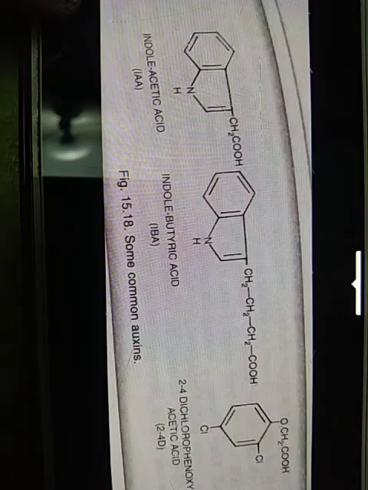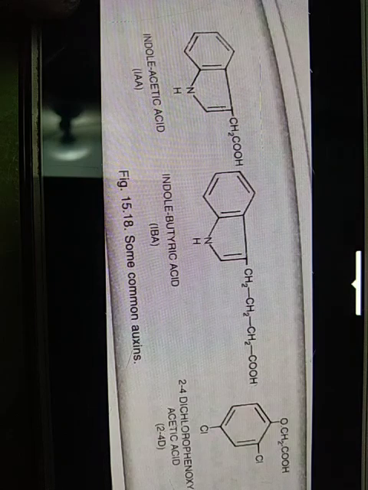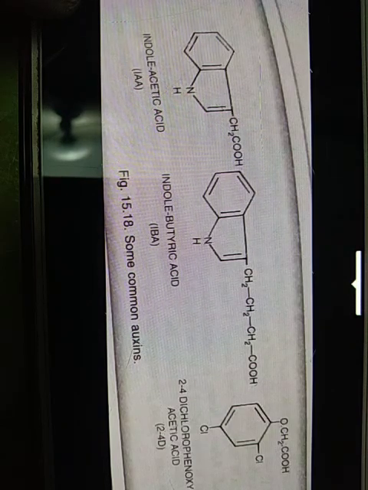The raw material used in the synthesis of auxin is called the auxin precursor. It is tryptophan for indole acetic acid. Certain compounds inhibit the action of auxin. They are called antiauxins.